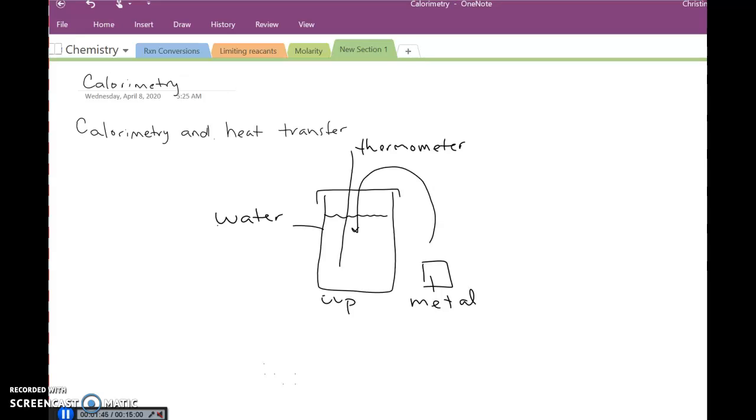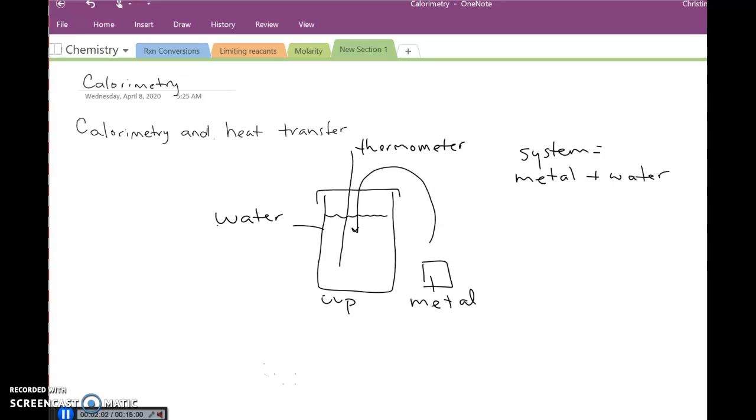So usually what we're going to do here, we have what we call a system. That system is the metal plus the water.